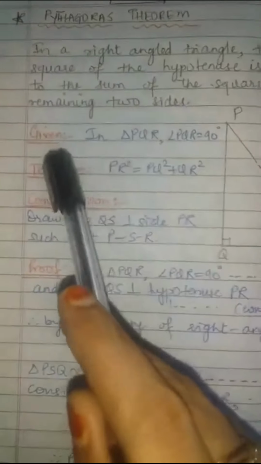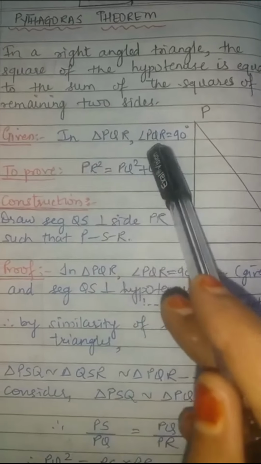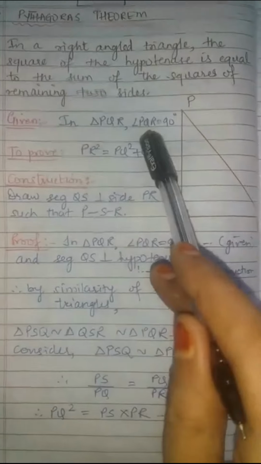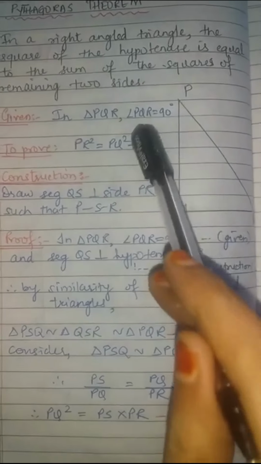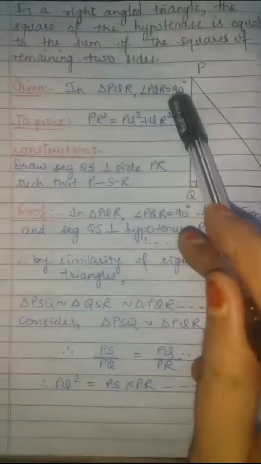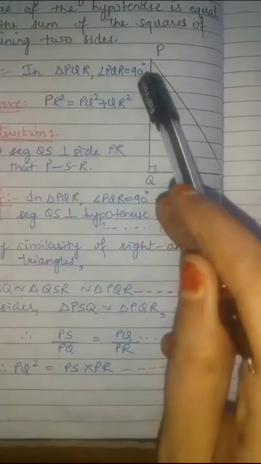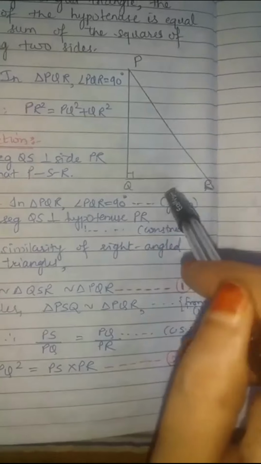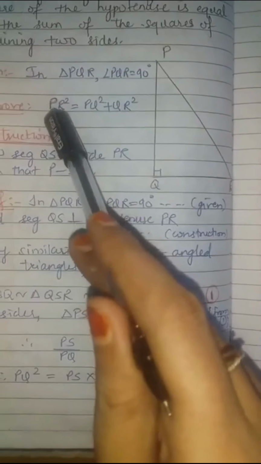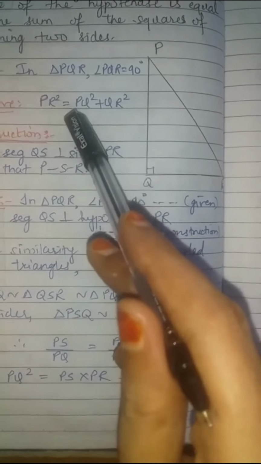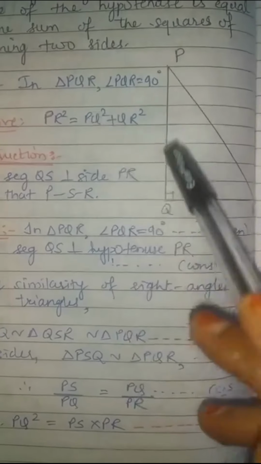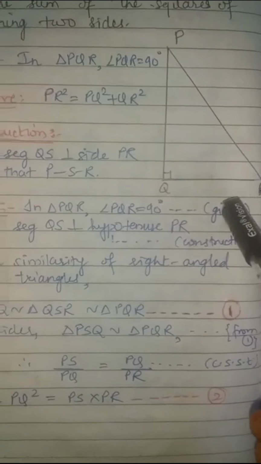So the given part will be: in triangle PQR, angle PQR is equal to 90 degrees. To prove: the square of the hypotenuse is equal to the sum of the squares of the remaining two sides, that is, to prove PR square is equal to PQ square plus QR square.